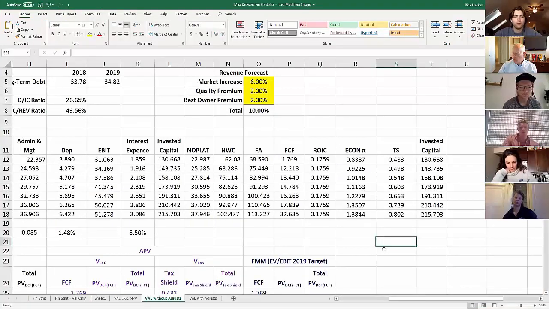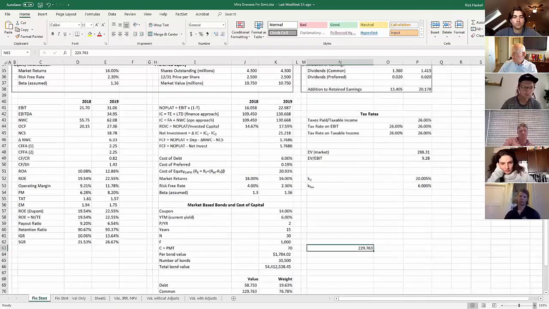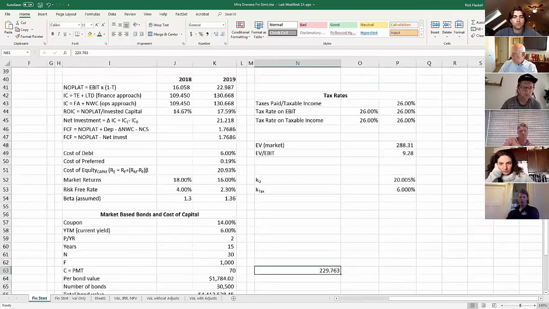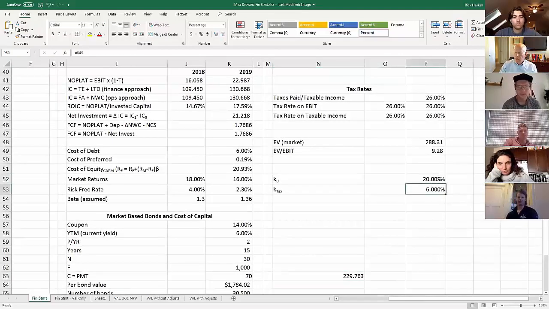And I'm going to come over to the financial statement, and you'll see here that I've created KU and K-tax. I want to show you how I created KU. It is simply a weighted average cost of equity when using only equity values.